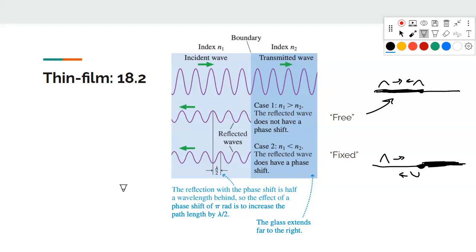So the oscillators pulling on one another, as they come into this boundary, they run into a problem at the edge. They can't just move backwards the same way that they came, because there's a downward force acting on them from the boundary. So they get inverted. There are some really good cartoon diagrams if you look up videos of fixed versus free boundary conditions; you can find some great examples.